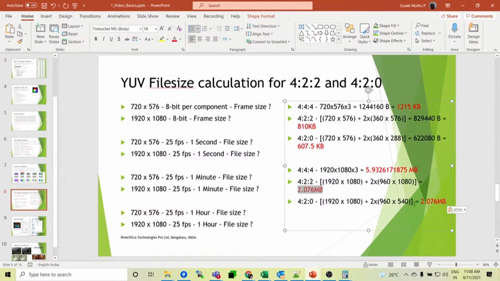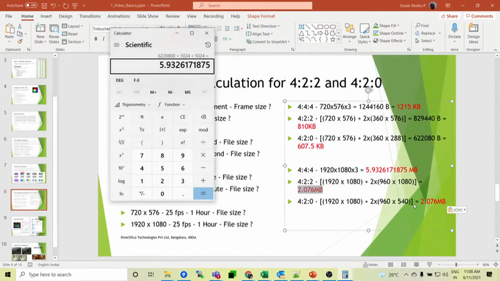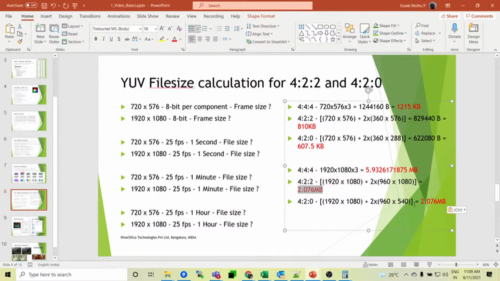This is 1.5 times actually for 422. You have to get this answer. Check that now for 422. Are you getting 3.955? Yes, sir. 3.955 MB.